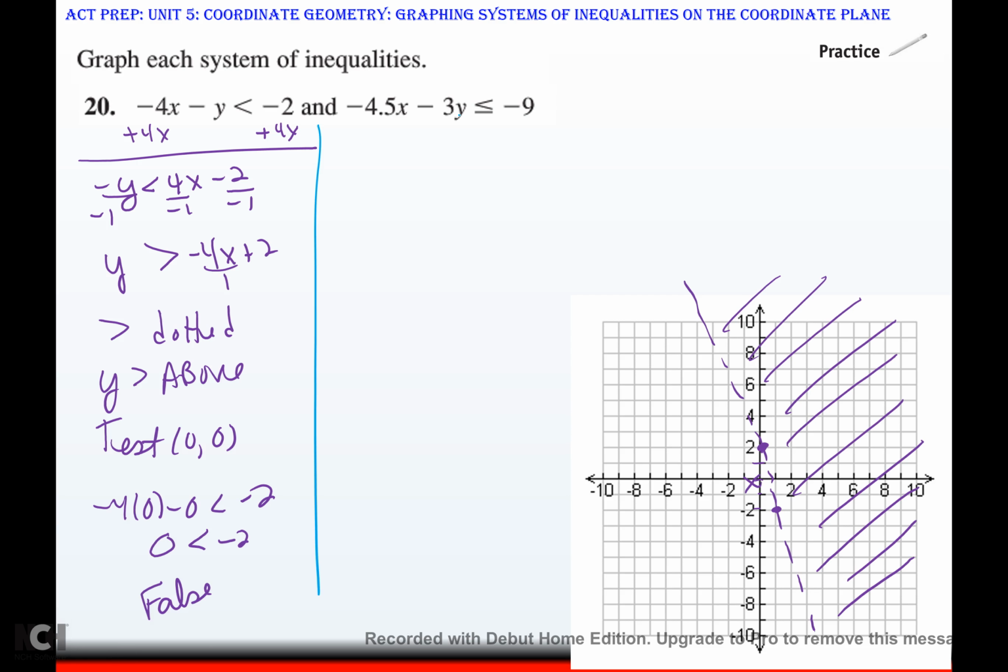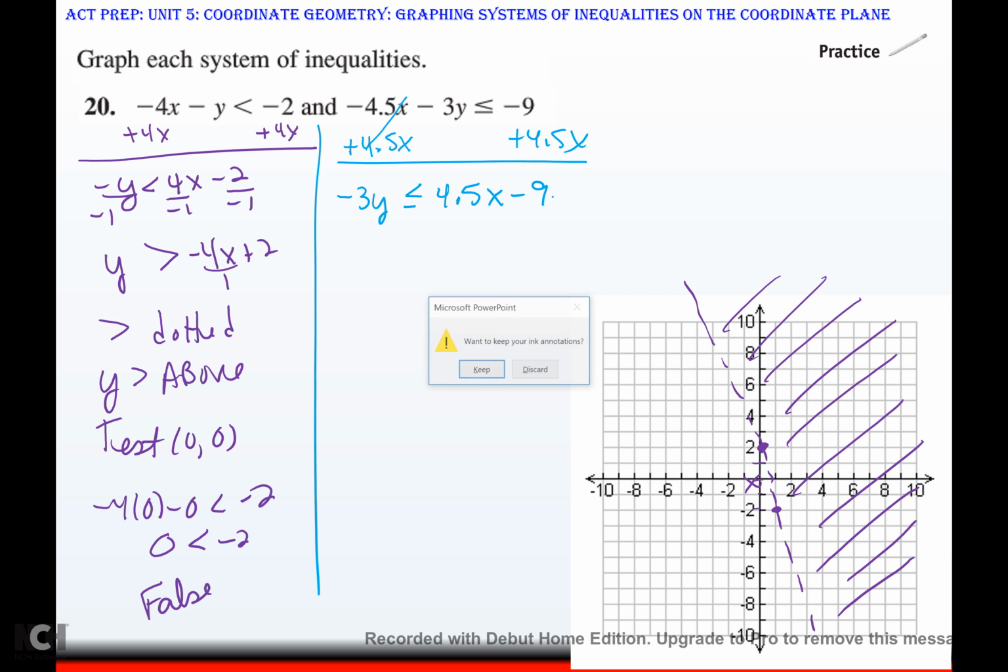To get y alone, I'm going to have to add 4.5x. And I get negative 3y less than or equal to 4.5x minus 9.